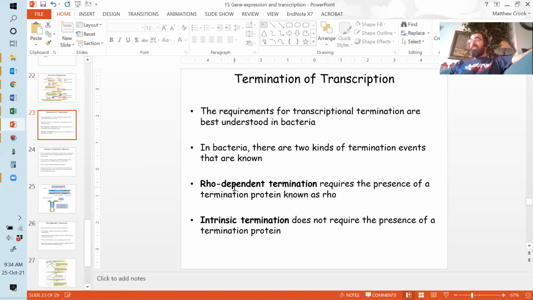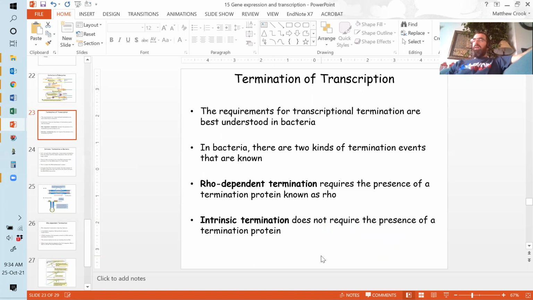That's why yeast is such a powerful model organism for research, because it's a eukaryote, but it's also single-celled. So it's equivalent to a bacteria in a sense. So anyway, bacteria is a lot more well-defined, and as far as we know so far, there are 2 main means of doing so.